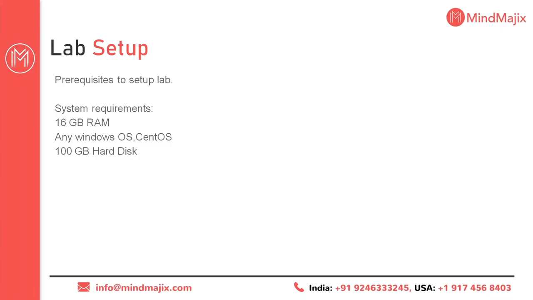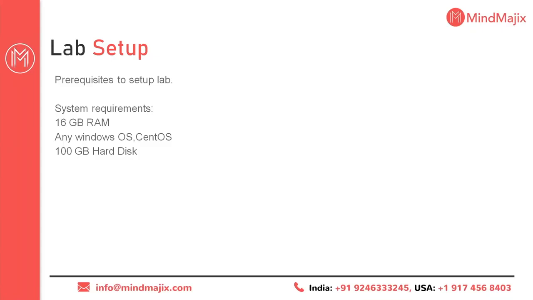Then we have CentOS, which is 7.5 1804 minimal edition. Actually, we require a minimum of 200 GB for QRadar, and we have to give some hard disk to the Windows and CentOS operating systems as well, so a minimum of 250 GB is required. Storage can be SSD; if it is SSD, then it will be good. It will help us with the installation phase on VMware.